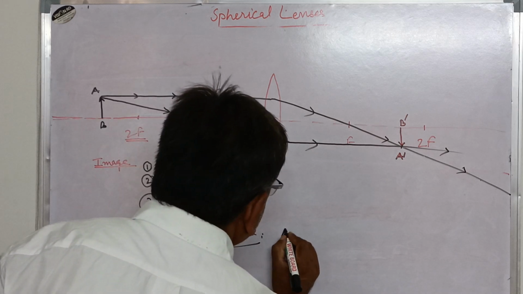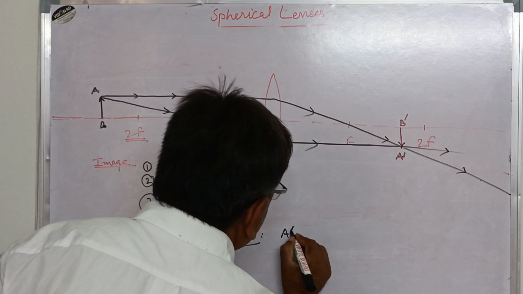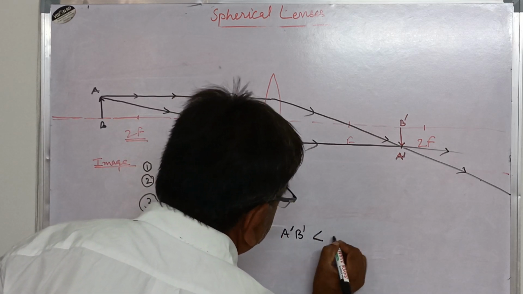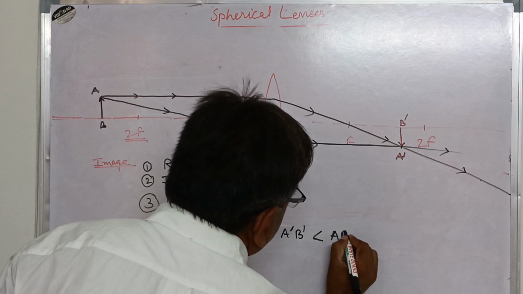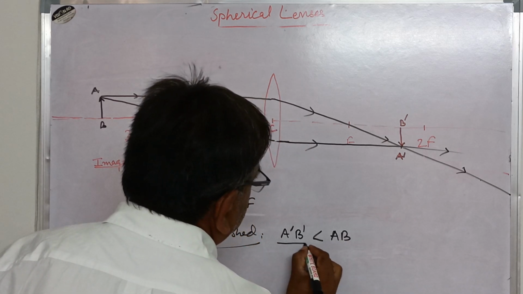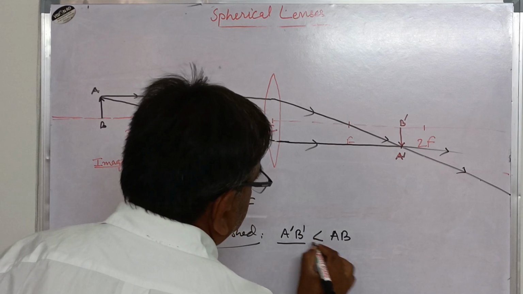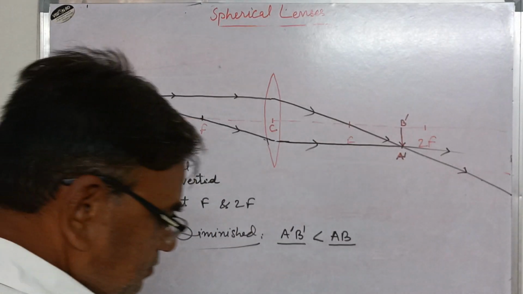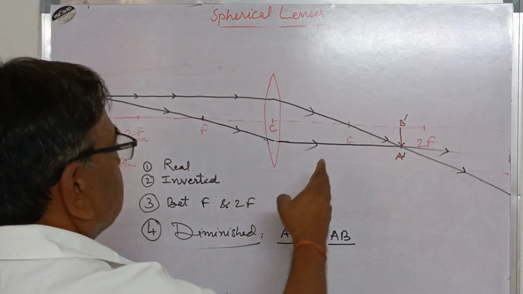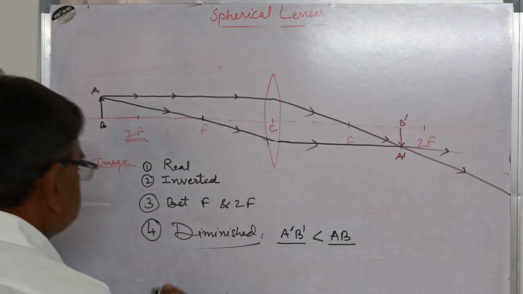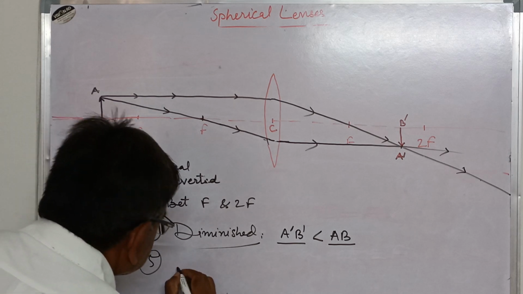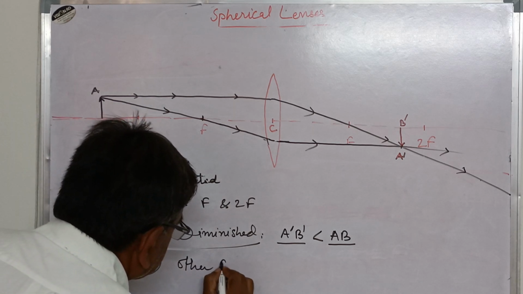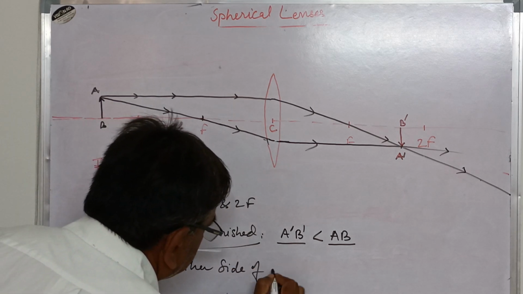Diminished means A dash B dash is less than AB. The size of the image, the length, is smaller. And it is on the other side of the lens.